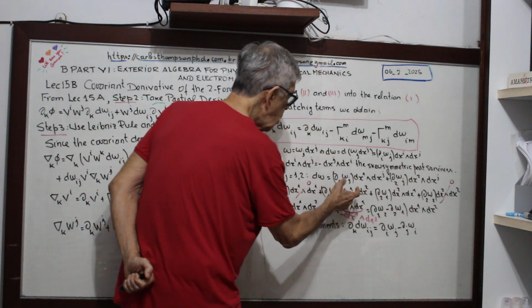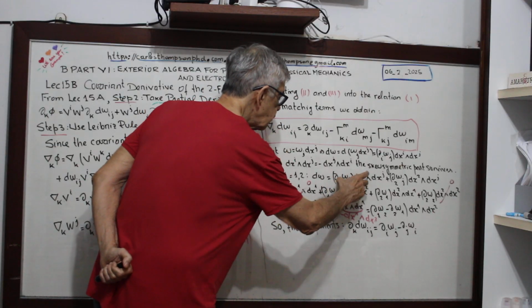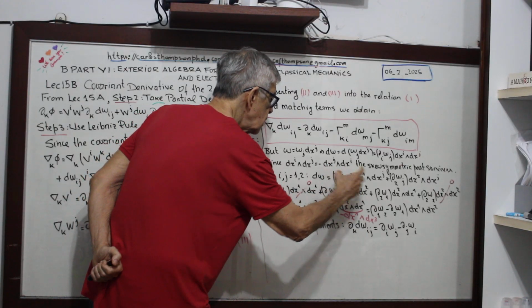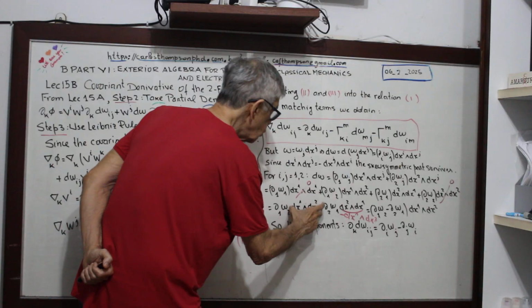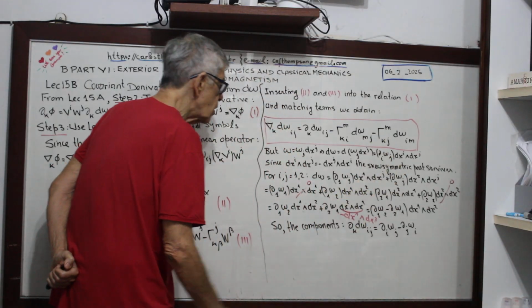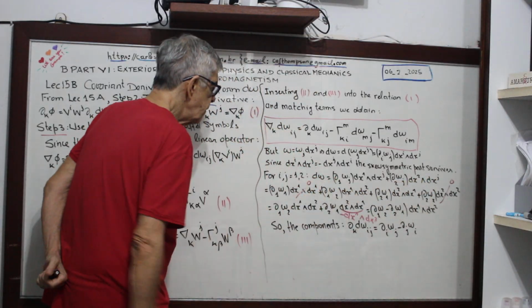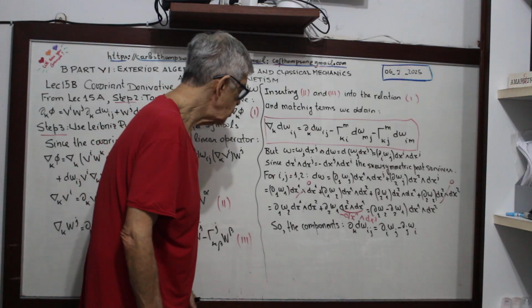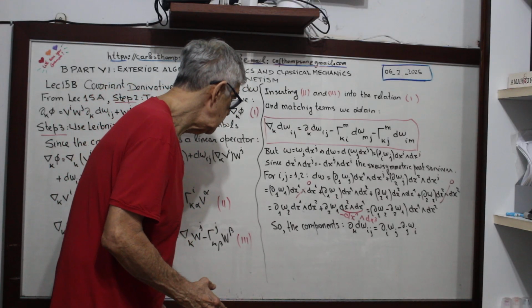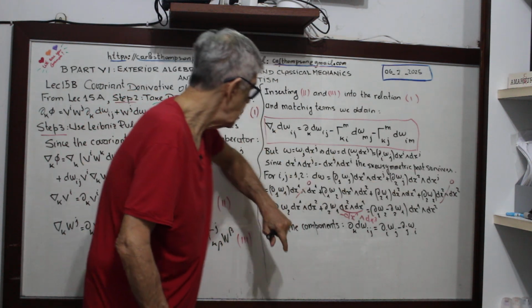Now I will expand for j. You see? So I expand for j. This term here leads to two terms, and this term leads also to two terms. That's why I have four terms over here, okay? Then I expand using j as a dummy index. You see, just quite easy to see it.